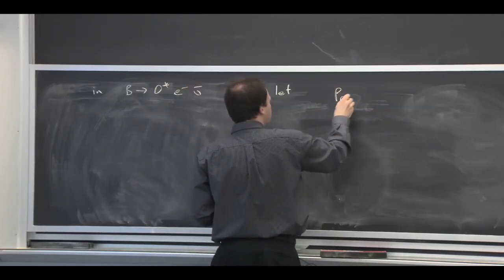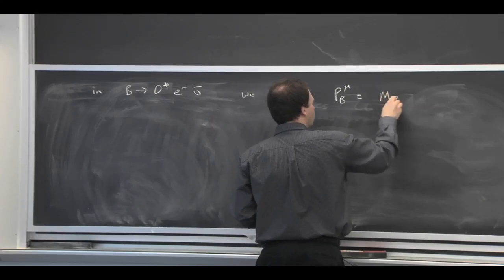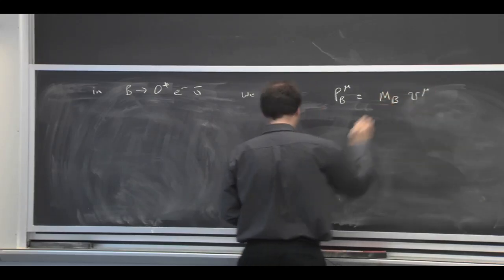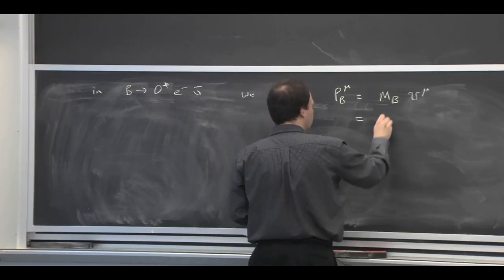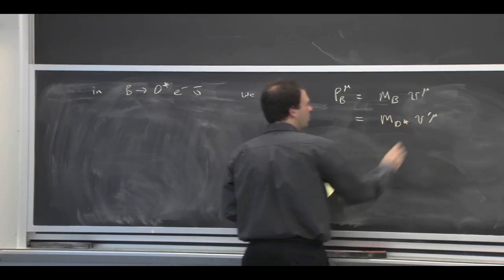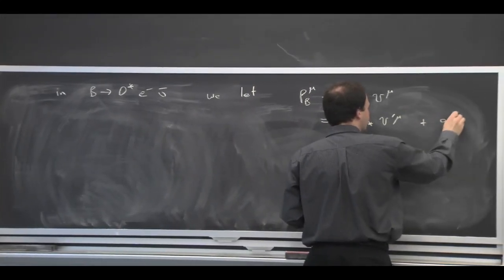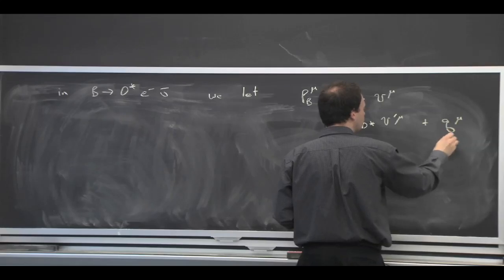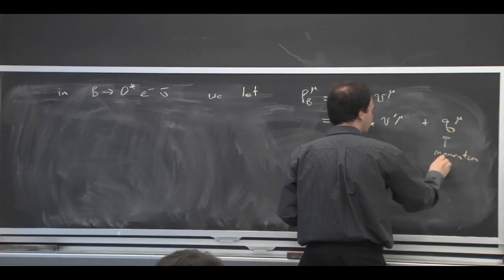For the B meson, for momentum, we can take it to be m capital B meson times v mu. And by momentum conservation, that's going to be the D star momentum, which we can take to be m D star times v prime mu, and then some momentum transfer, which I call q. This is a different q than my loop momentum q. Sorry about that.